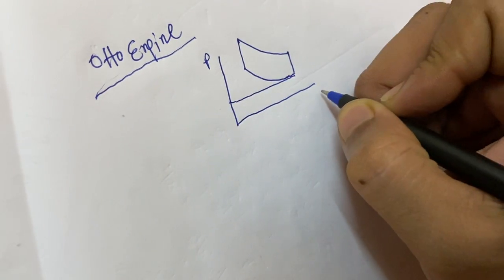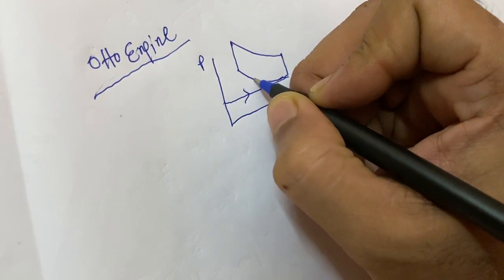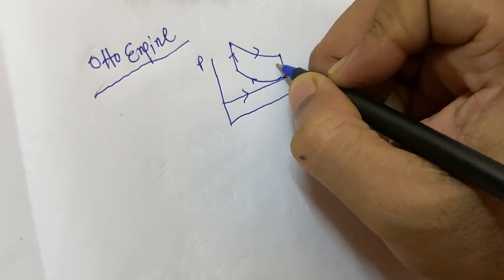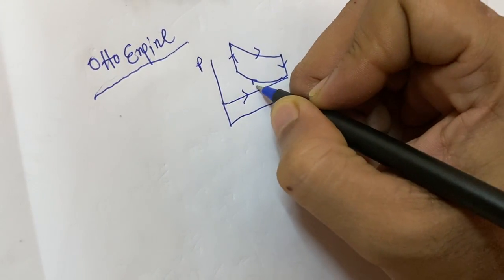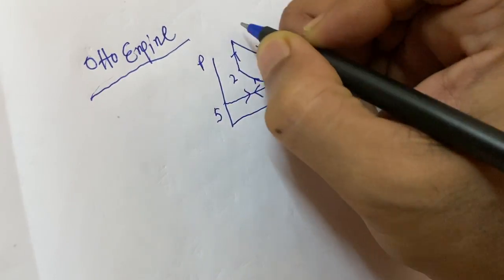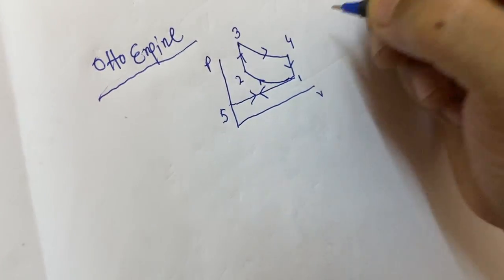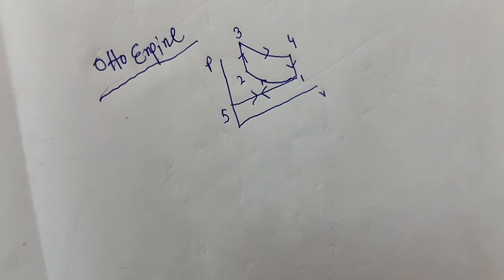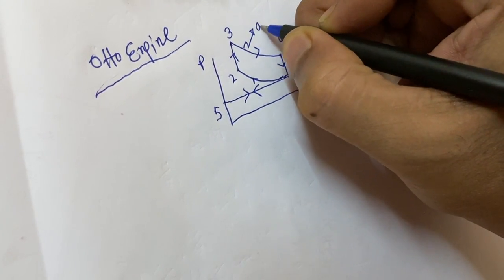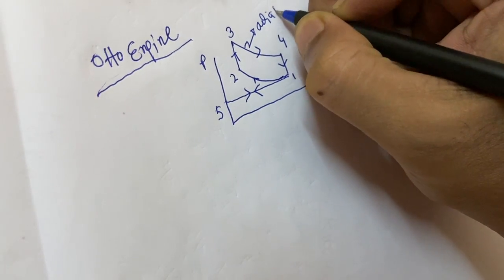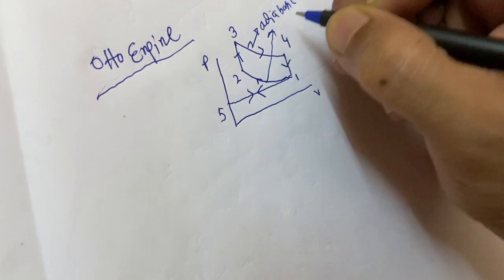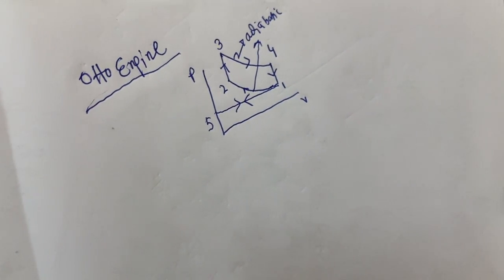This is PV diagram, and the engine is running in this direction. 1, 2, 3, 4. These two are adiabatic process, adiabatic, and this is also adiabatic process.